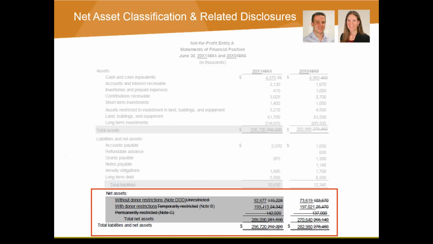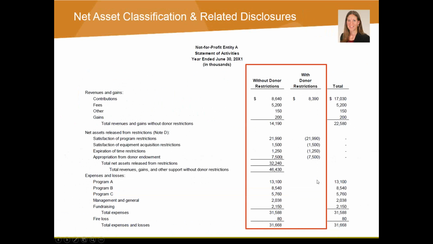So if we look at the statement of activities, let's just go to that real quick. To address stakeholder concern about some of the condensing of the restricted classes of the net assets, let's zero in on the middle piece of that presentation, the net assets released from restriction.